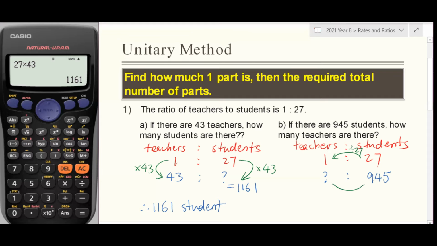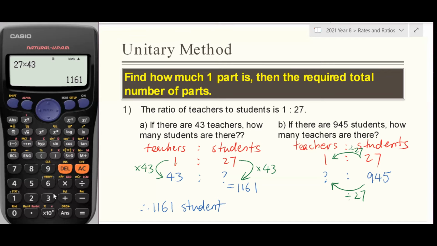Therefore, I must follow the same reduction for the bottom numbers. I will also divide 945 by 27. Note that my arrows are always going in the same directions because you want the numbers to be matching in their sizes.